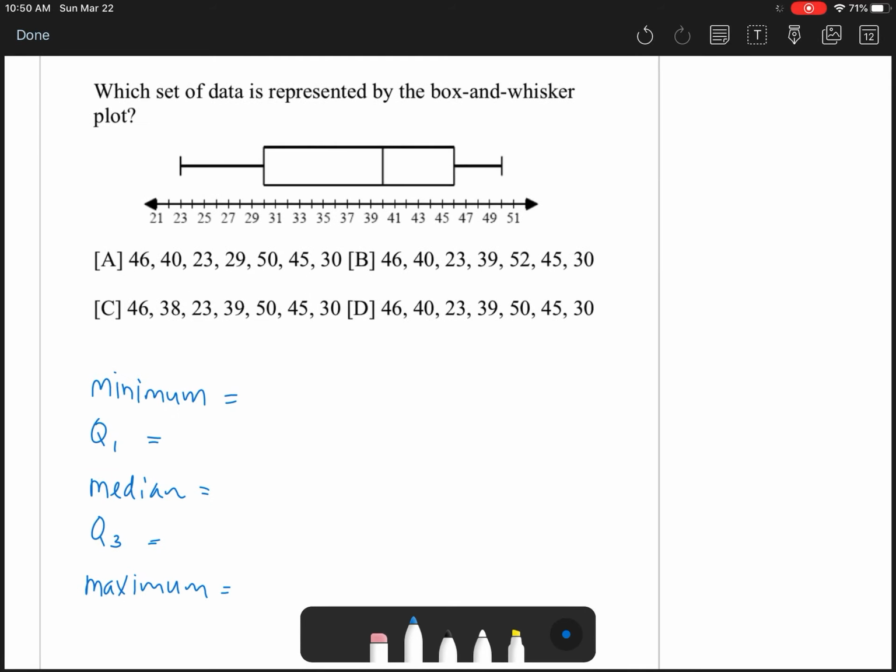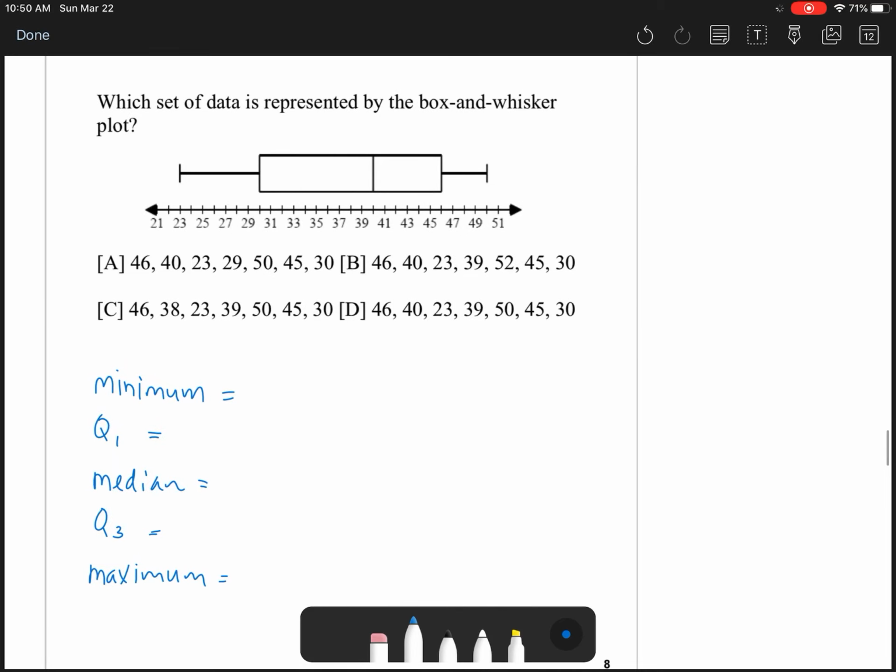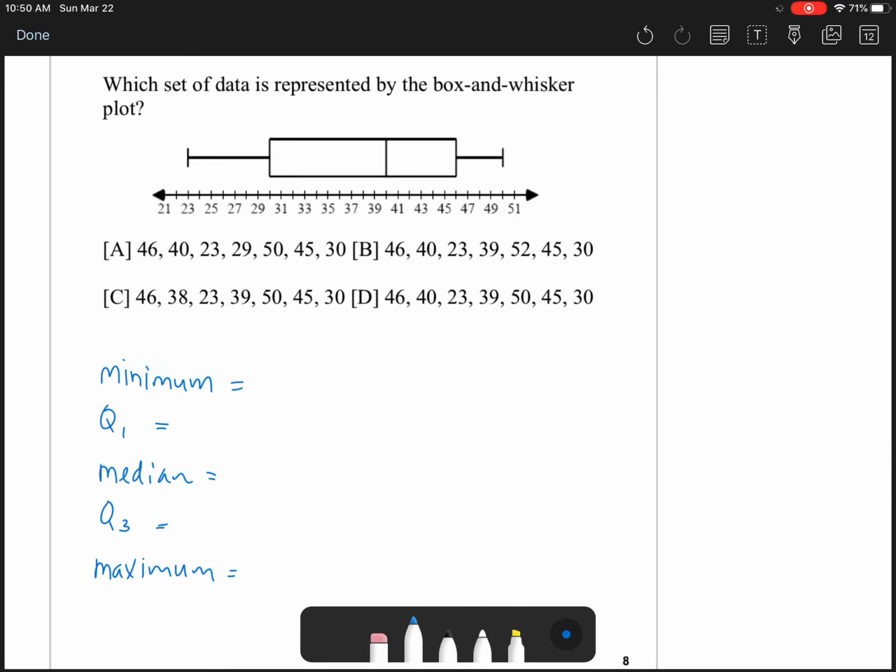Okay, which set of data is represented by the box and whisker plot? So here we have a multiple choice question. In order for us to figure this out, we need to identify the minimum, first quartile, median, third quartile, and maximum. So we're pulling our information from the graph.